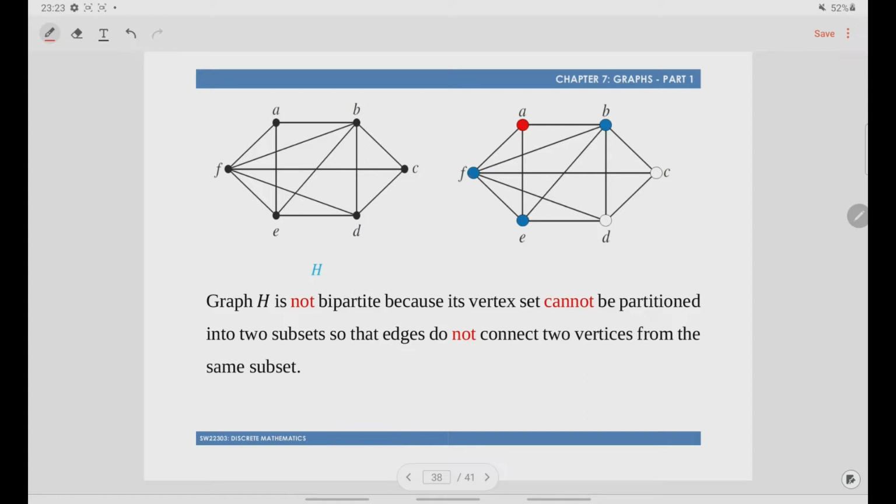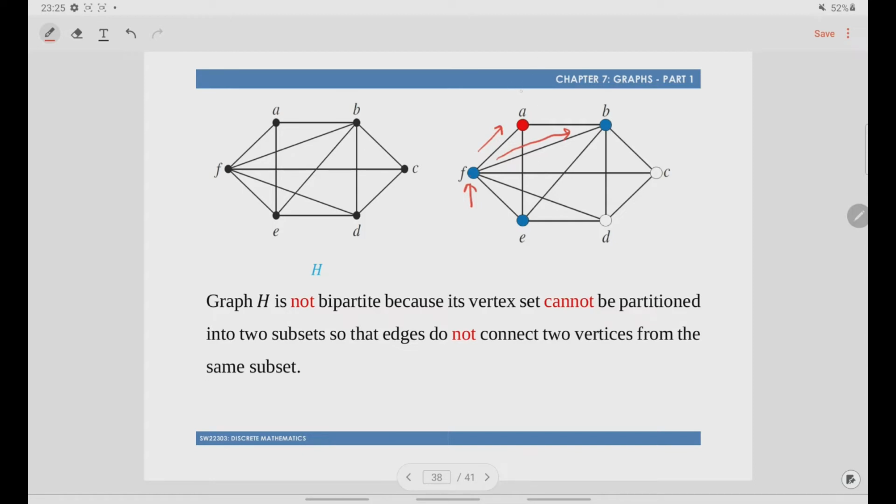Okay. Next, we move to, okay, so here as you can see, for example, the vertex F is connected to two different colors. It is connected to red and also to blue. That means this vertex is connected to two different sets.